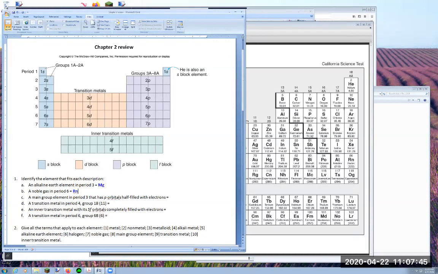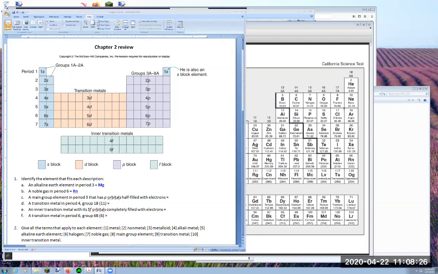So the p block has 6 columns for 6 electrons that you can put in the p orbitals. Because there are 3 p orbitals, and you can put 2 electrons in each. So that's why there is a maximum of 6 electrons in the p orbitals.